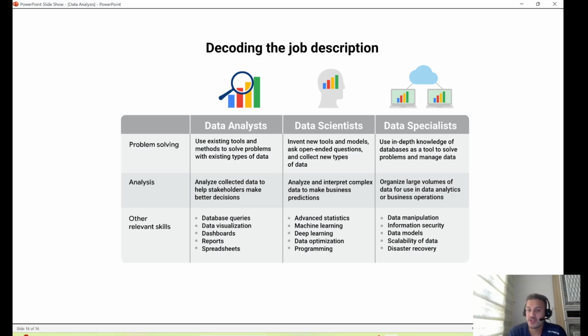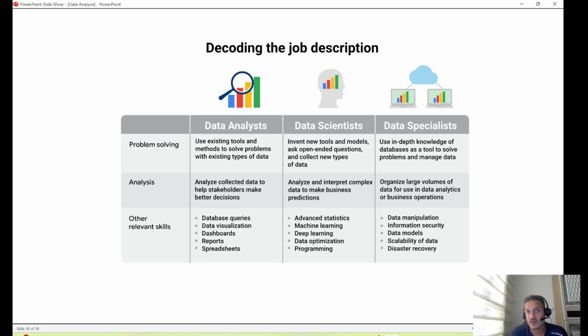Data specialists use in-depth knowledge of databases as a tool to solve problems. Analysts analyze collected data to help stakeholders. Data scientists analyze and interpret complex data. Data specialists organize large volumes of data for use in data analysis or business operations. These are the differences between data analyst, data scientist, and data specialist.